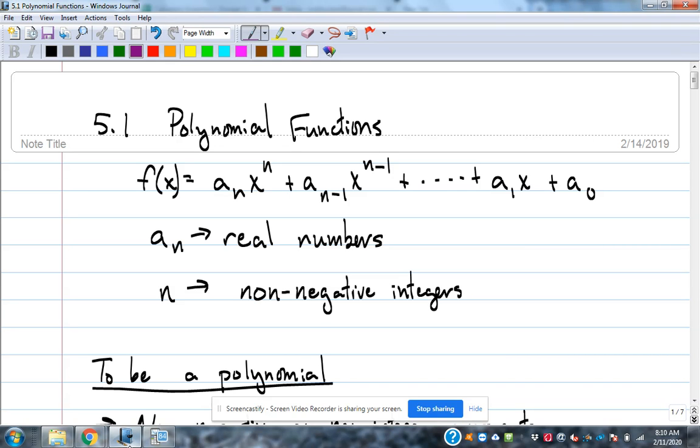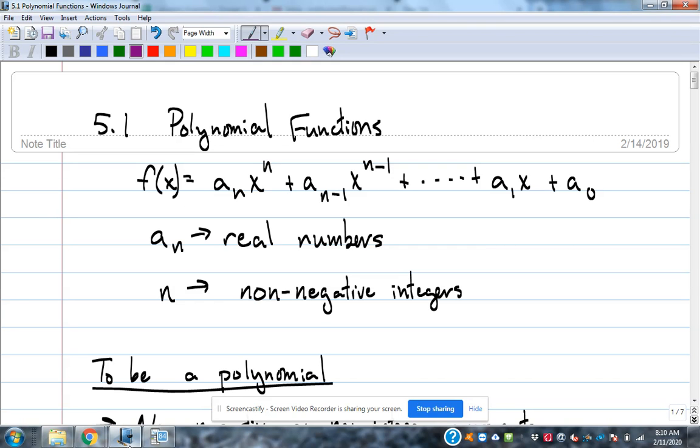So polynomial functions is what we're going to be talking about in chapter 5. We'll get into polynomial functions and then rational functions as well. The collegiate definition of a polynomial is you've got coefficients a sub n, so that's a subscript there, and then x to the nth power.